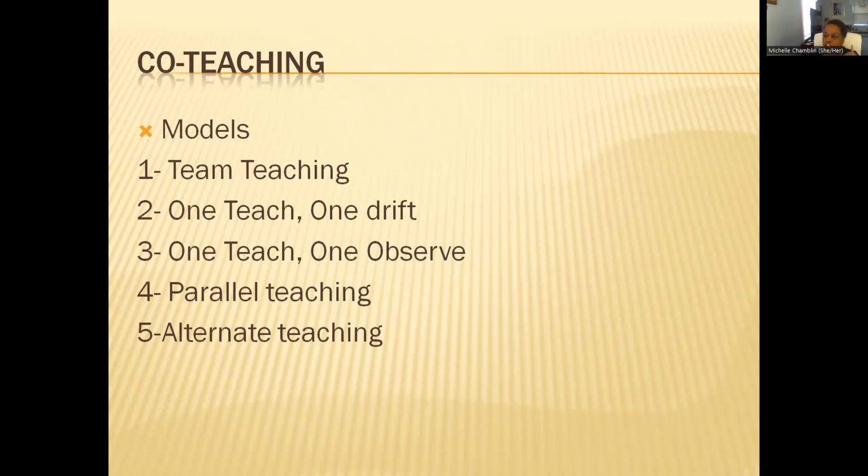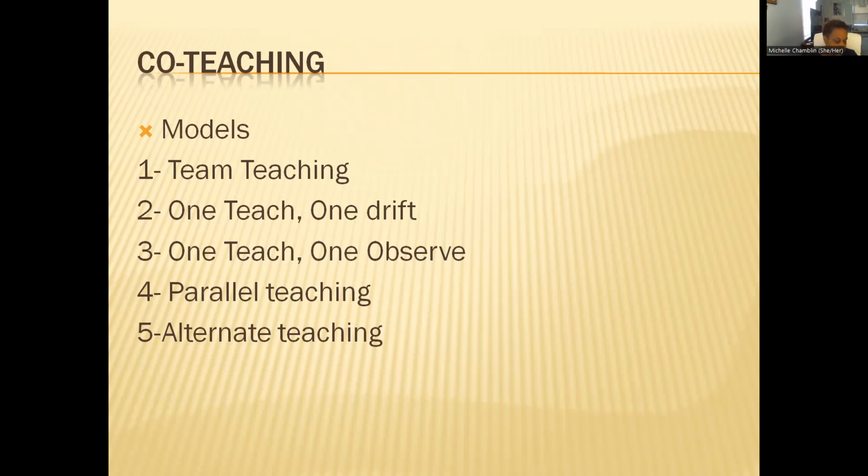So in parallel teaching, the general ed teacher and the special ed teacher split the students in groups, and they are teaching 2 different groups. Whereas alternate teaching is where you might have a large group and a small group. So you might have the special ed teacher taking a small group to the table and teaching that particular group.